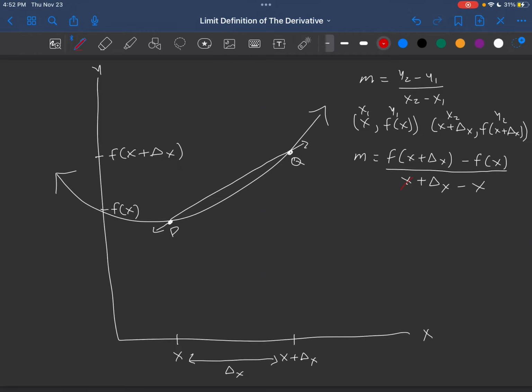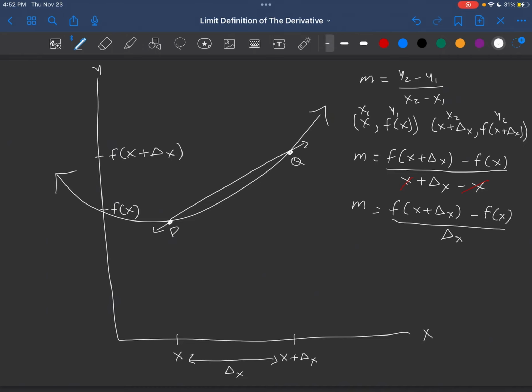And then our x's in the denominator will cancel, leaving us with the slope of the approximated secant line: f of x plus delta x minus f of x over delta x. So this will give us that approximated secant line.